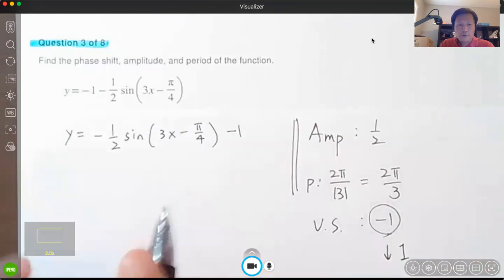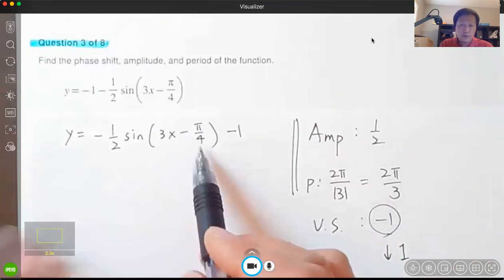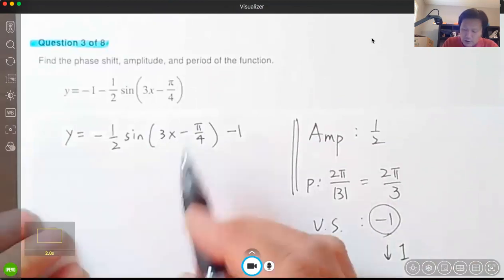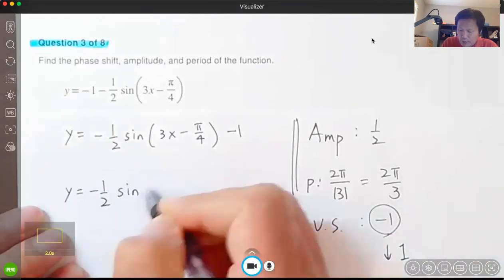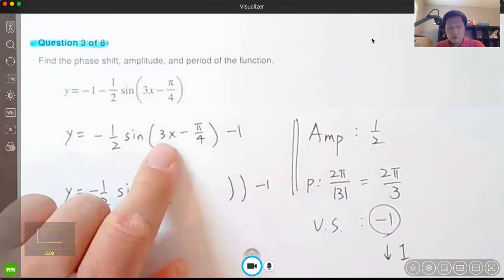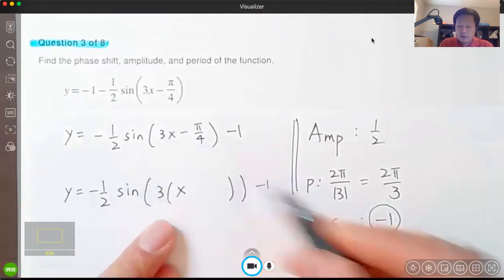Okay, phase shift. Do you remember? If you read pi over 4 as the phase shift, I'm going to lose you. Why? X has a coefficient of 3. What does that mean? You have to factor that out. You have to factor 3 out from 3x and 3 out from here. If you factor 3 out from 3x, it's x.